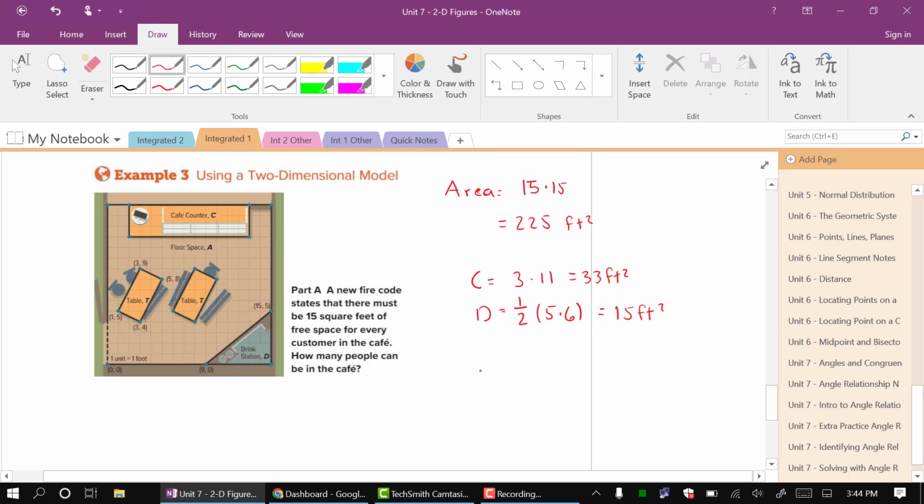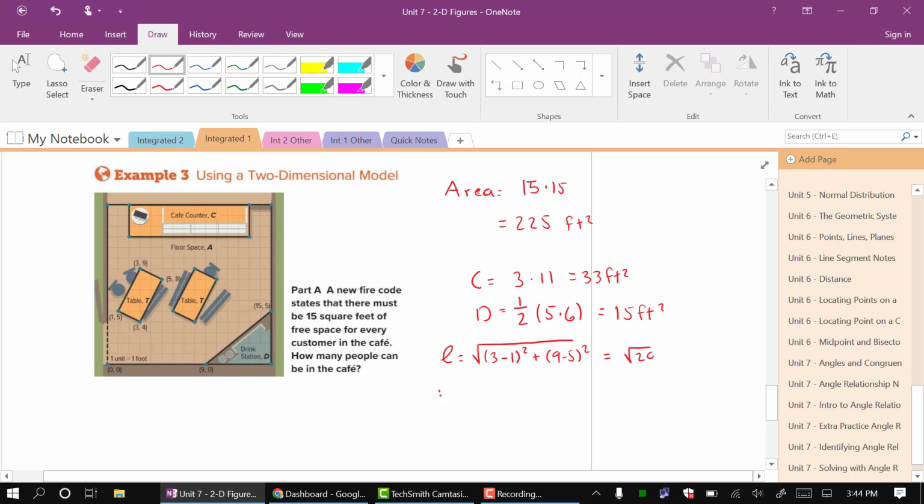And then for our tables, we have 2 tables. So we want to find the area of the tables by using our distance formula. Our length for our table is going to be the square root of 3 minus 1 squared plus 9 minus 5 squared, which is going to give me the square root of 20.